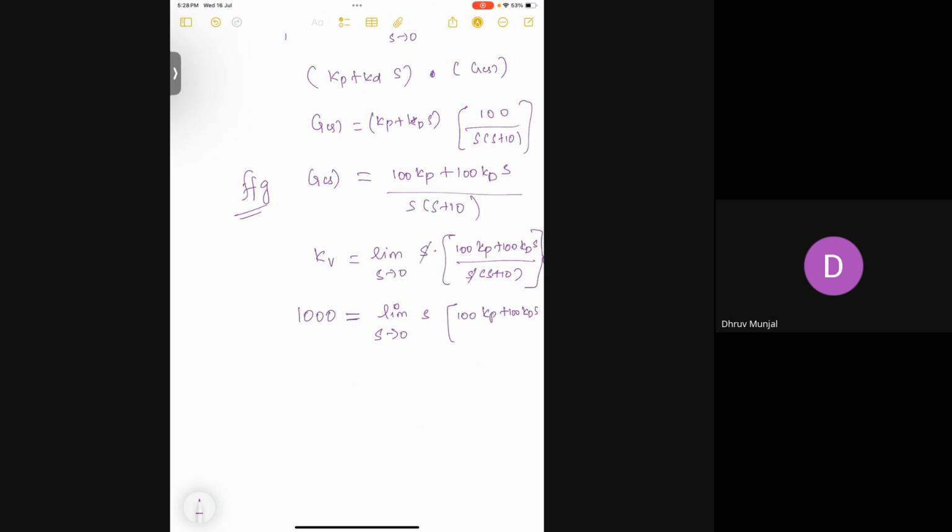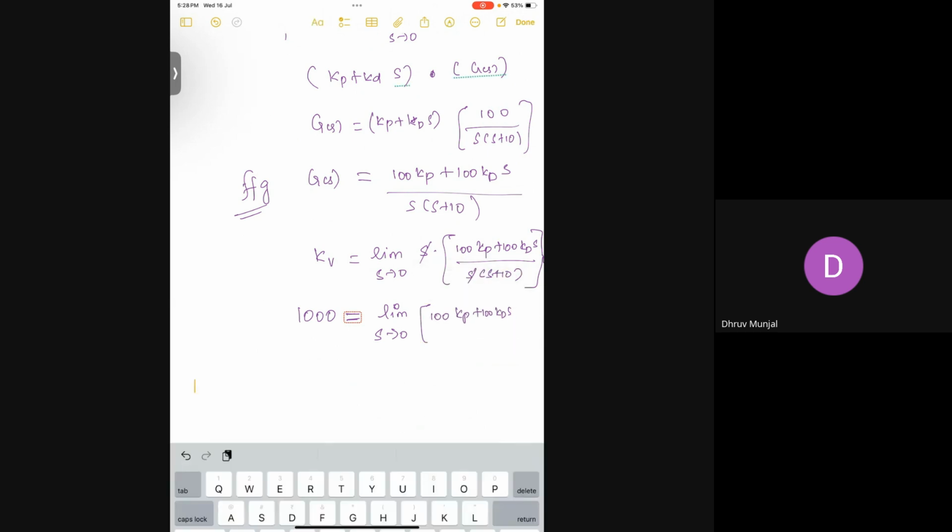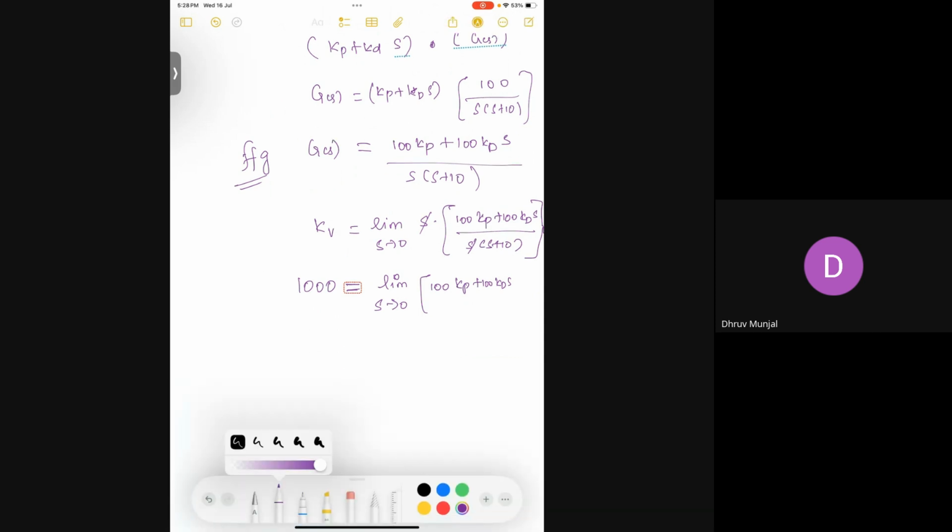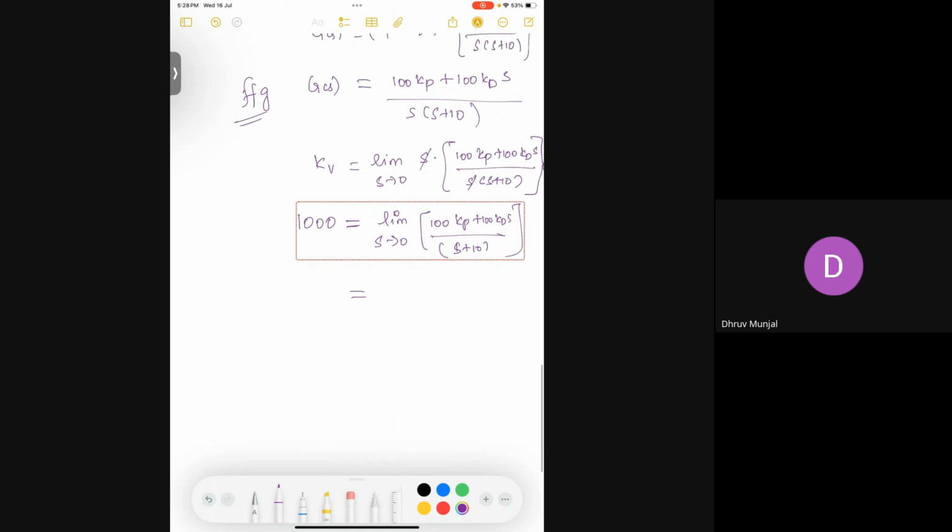Yes, this s will get cancelled. Okay. So putting s equal to 0 will give you 100 Kp divided by 10. So Kp equal to 100.